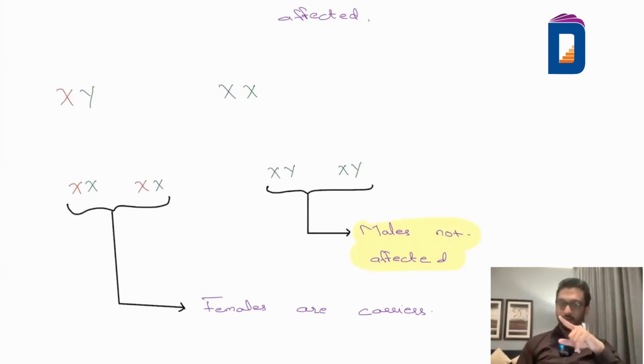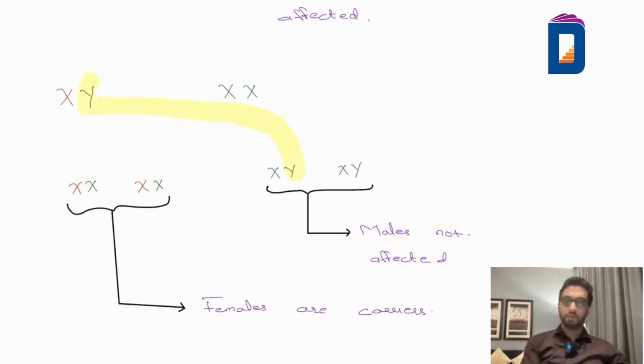Doesn't mean that every time males will be affected. No, it is not necessary. If there is a disease in X-linked recessive, it will be only in males. Males can be normal, but if there is a disease in a progeny, that will be only males. And females will normally be carriers. Okay. Got it. So here males are not affected because the Y chromosome is coming from the father.